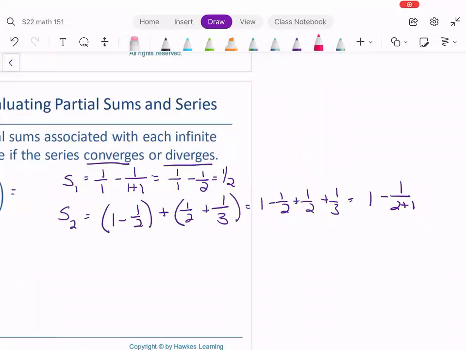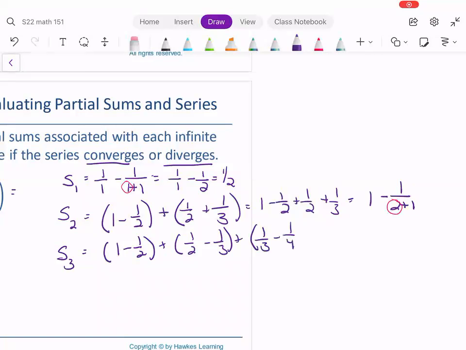And you're going to see the reason that we're thinking about that here in a minute. I'm going to circle here. Notice this was the S sub 1. This is S sub 2. If we look now at the partial sum S3, we have 1 minus 1/2 plus 1/2 minus 1/3 plus 1/3 minus 1/4.